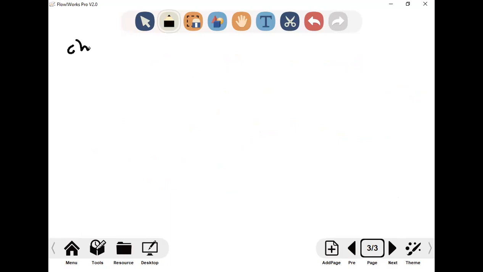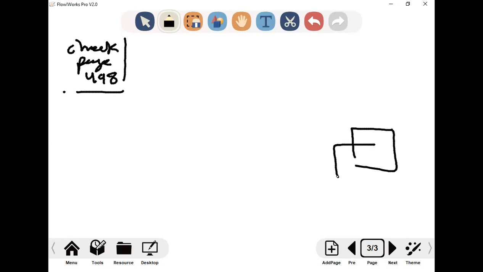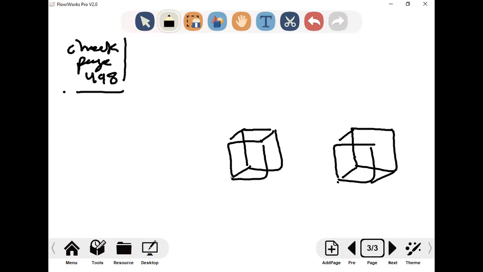Yeah, we are in the check page. After example 1, we have checked. Let's find it. Now we have a small rectangular prism here to the right, and another small rectangular prism here to the right. Right? And we have a big rectangular prism here, right?